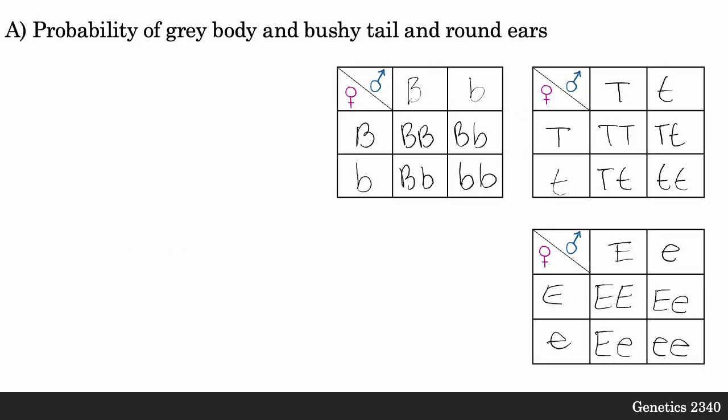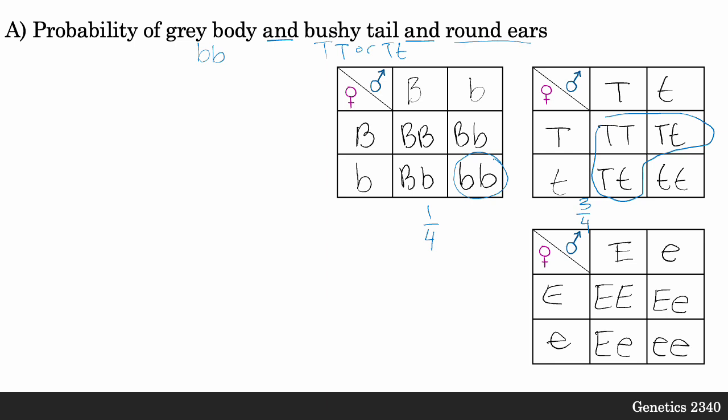Part A, the probability of gray body and bushy tail and round ears. Note the use of and, which indicates the product, otherwise known as the multiplication rule. Gray body means small b, which is 1 over 4. The probability of bushy tail is big T, big T, or big T, small t, which is 3 over 4 probability.